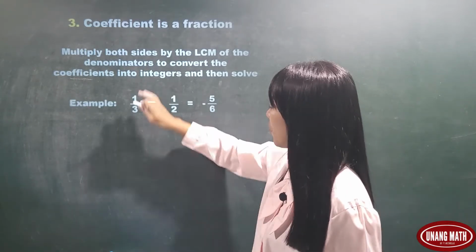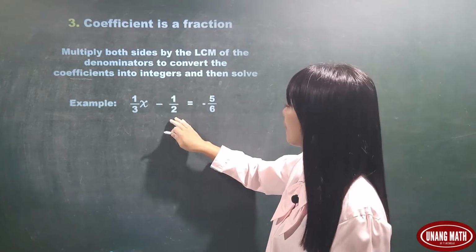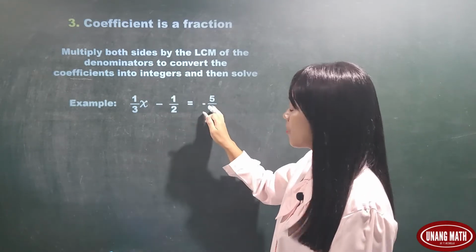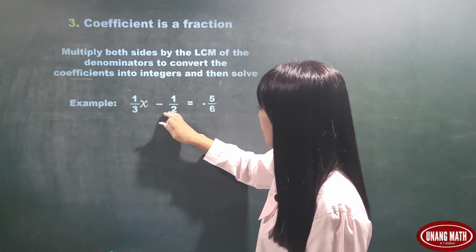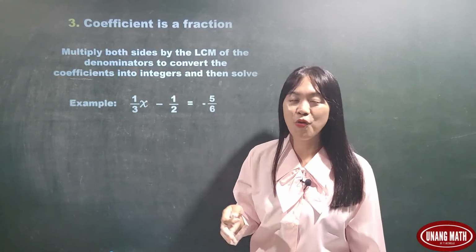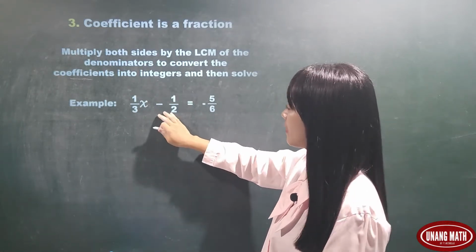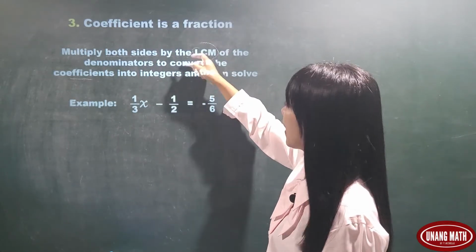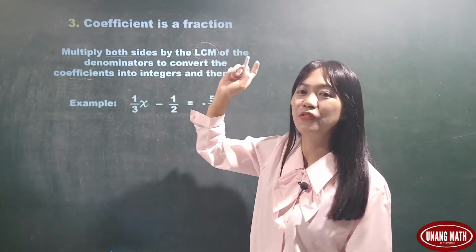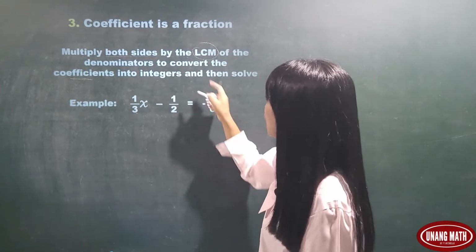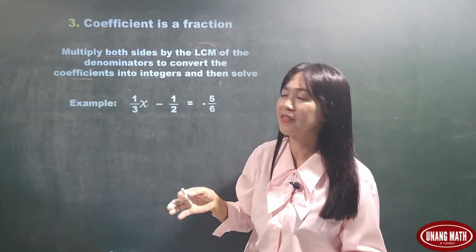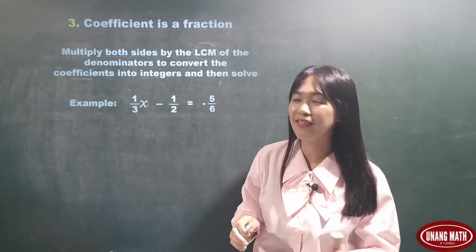Okay, example, 1/3 x minus 1/2 is equal to negative 5 over 6. It's actually difficult if the numbers are in fraction form. So we will multiply both sides by the LCM, or the least common multiple of the denominators to convert the coefficients into exact numbers. And then we can solve easier.